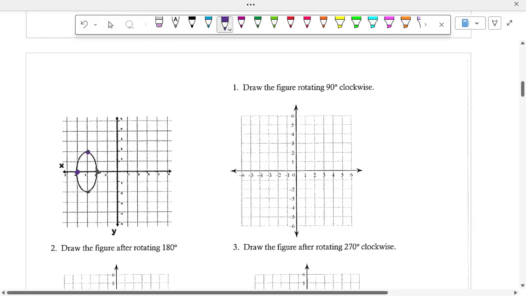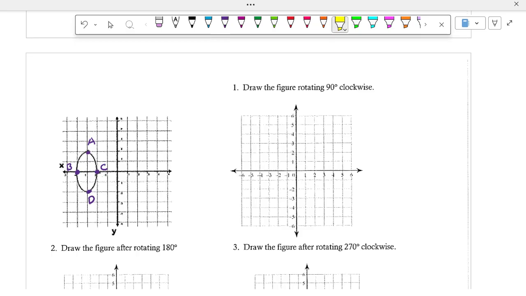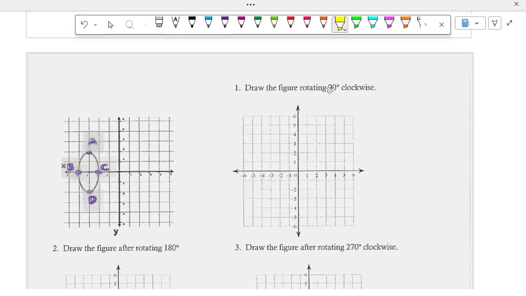So, let's look at this figure. Just for our sanity, we're going to name these points A, B, C, and D. Now, they first ask us to rotate this figure 90 degrees clockwise.